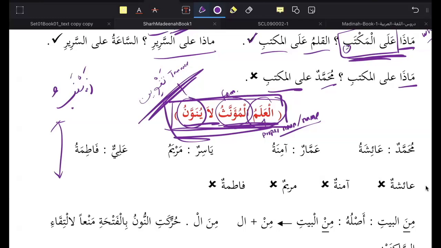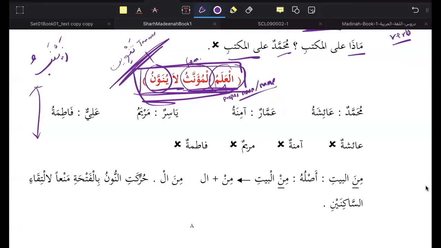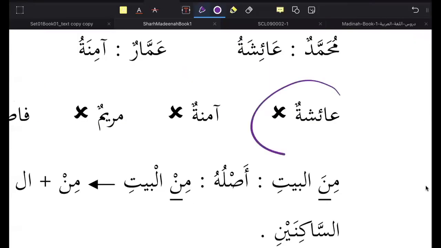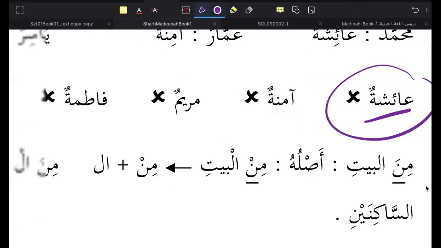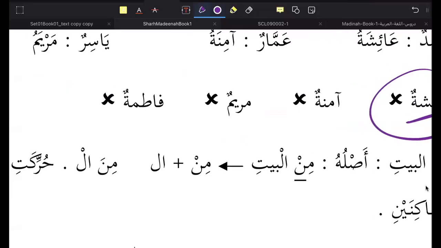Right now, the only thing you have to know is that any feminine proper name is not going to take tanween. We will define a little bit more about what we mean by a feminine name later. Right now, that's good enough. He gives examples: we wouldn't say Aishatun because of feminine, we wouldn't say Aminatun, we wouldn't say Maryamun. We say Maryamu. So all of these will just take one dhamma.